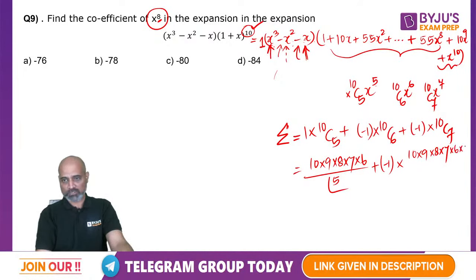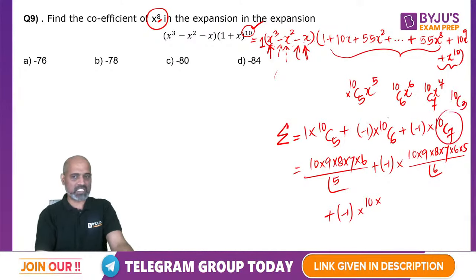So 6 into 5 divided by 6 factorial and then you will have plus -1 into 10c7. I can write 10c7 as 10c3 also, no? To make the calculation easier, I should have done the same thing with 10c6. Let's write 10c6 as 10c4.